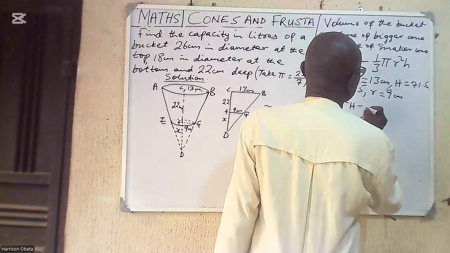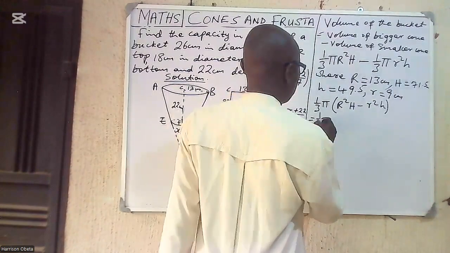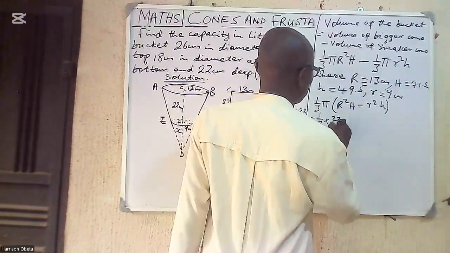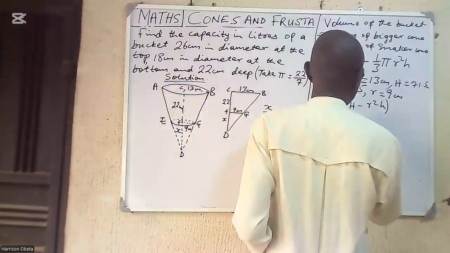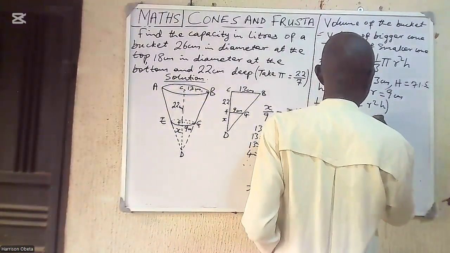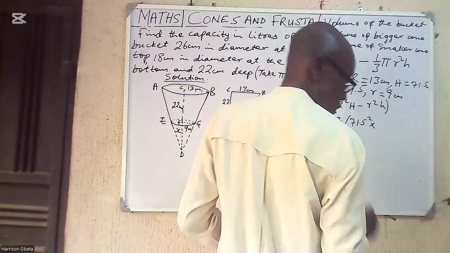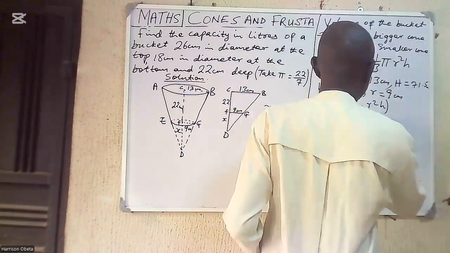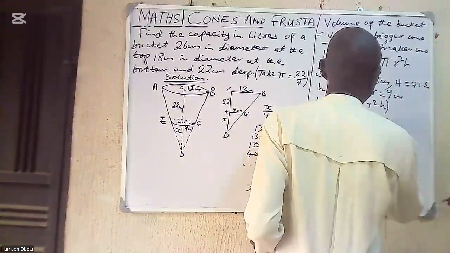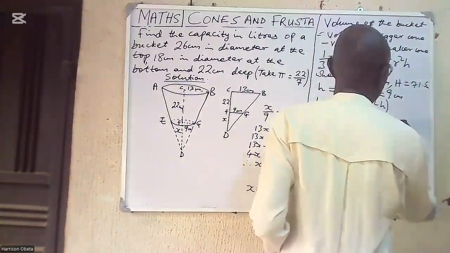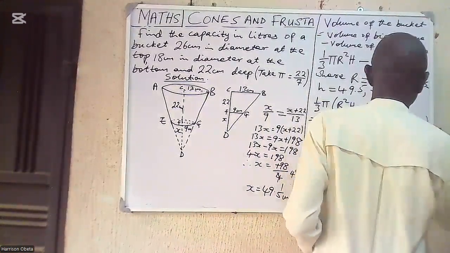That would be 1/3 times 22/7 into 13 squared times 71.5 minus 9 squared times 49.5.